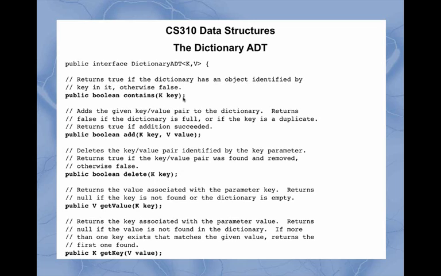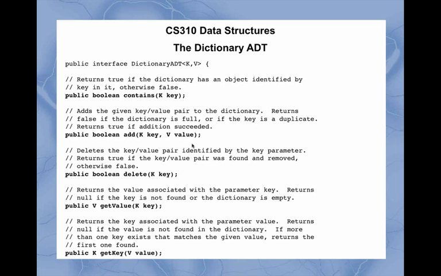This becomes important because the question arises on how do you handle duplicates. That is to say, if you have a key X that's in the dictionary and you attempt to add another key X equal to the first one to the dictionary, how should it behave? So the contains method becomes important to check for duplicates.